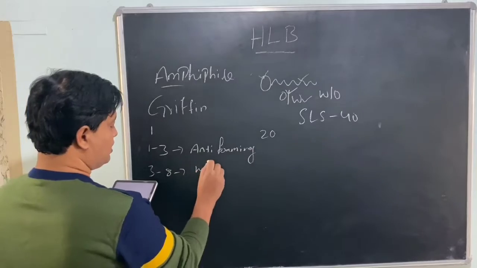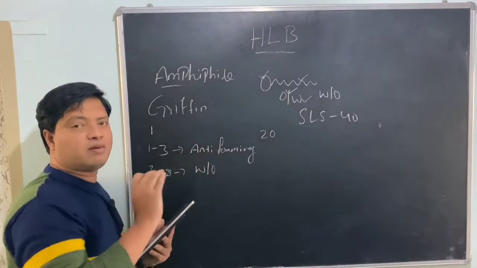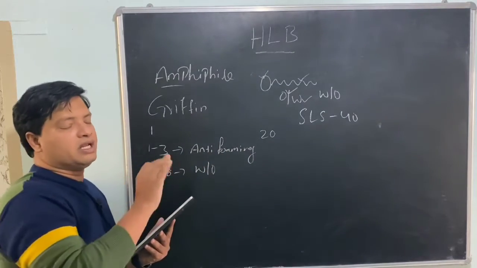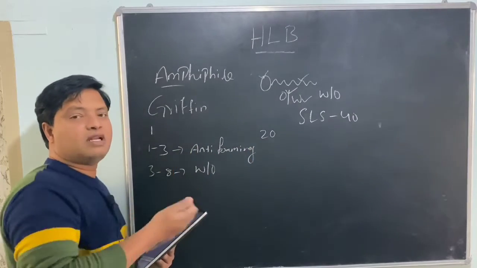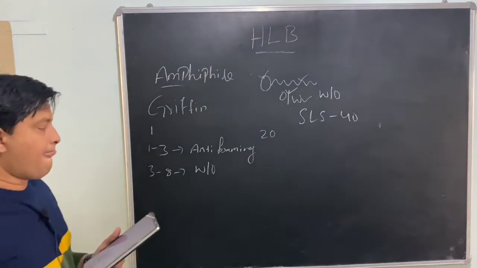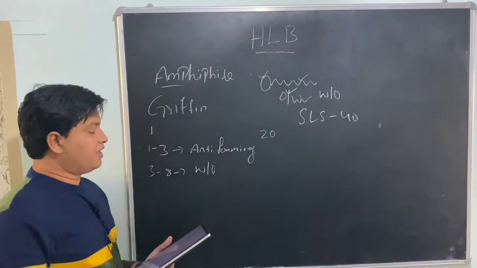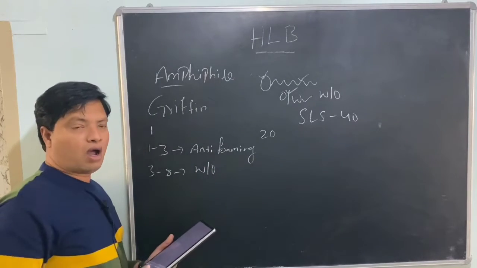Remember, in the HLB scale, if you go towards the right, the hydrophilicity will increase. If you go towards the left, the lipophilicity will increase. Because the lipophilicity is more towards the left, we are on the left side of the HLB scale, hence we are getting an oil phase as the continuous phase.